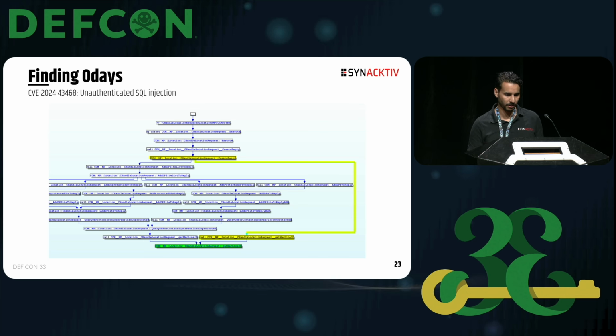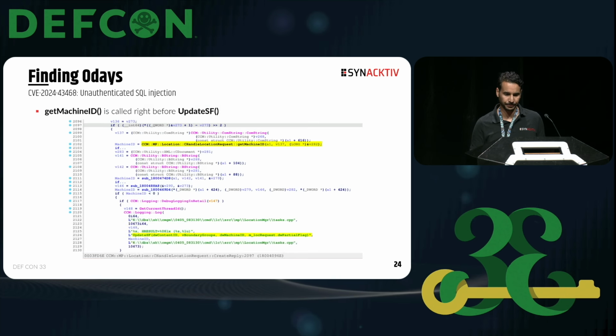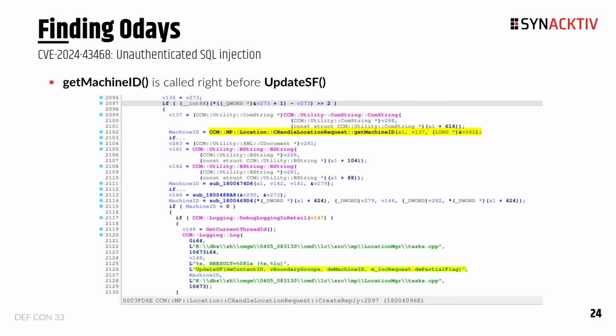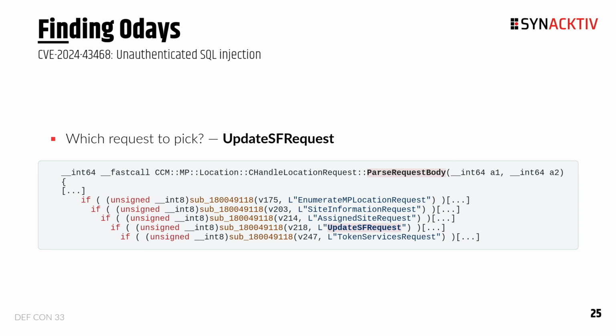There is less hassle and fewer conditions to reach the code. Following that shortest path from the call tree overview, I landed in the code location shown in this screenshot. Once again, the debugging strings are helpful as they indicate that GetMachineID is called right before an UpdateSF method. This is helpful next to choose which request to pick.